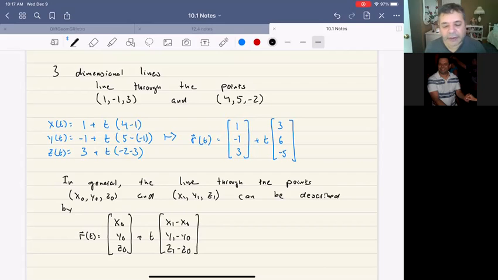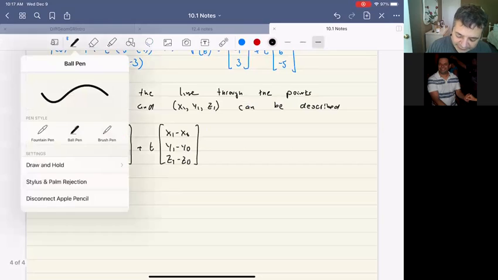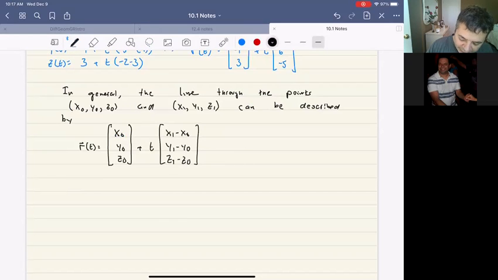Okay? Now, what we can think of is that this point here is our starting point, and this point here is our direction.